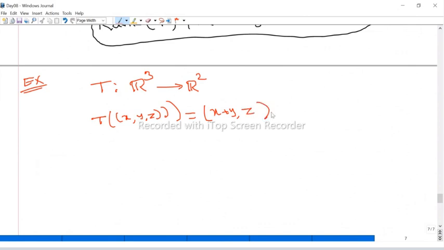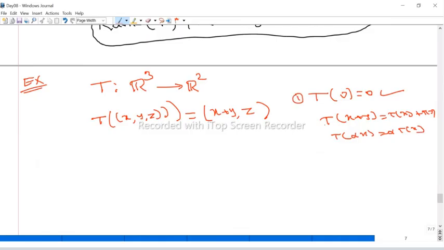So we have to check whether T is a linear transformation or not. We can easily prove that this is a linear transformation. First, we have to check that 0 maps to 0, 0; for any linear transformation, 0 maps to 0. After that, we check that T of x plus y equals T of x plus T of y, and then T of alpha x equals alpha times T of x.